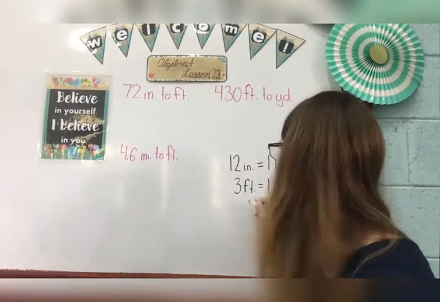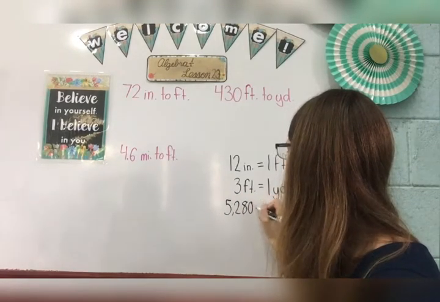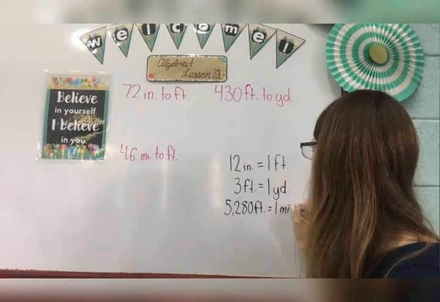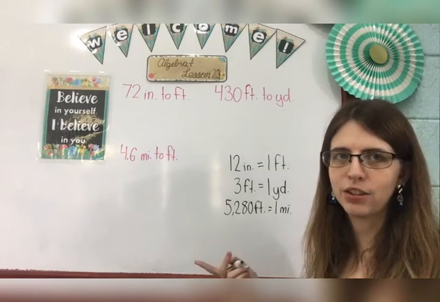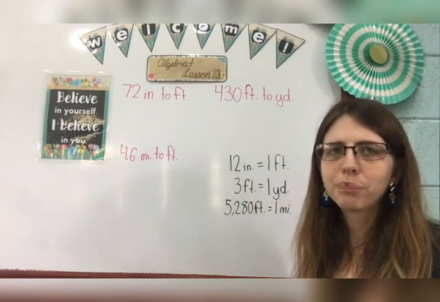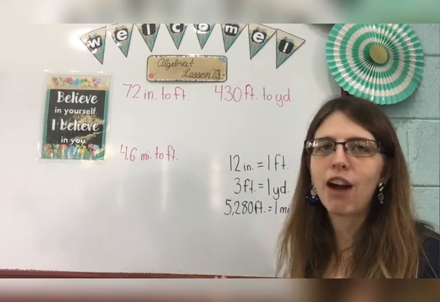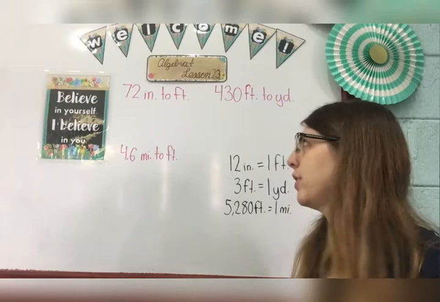And we have 5,280 feet in 1 mile. Now this is something that you should probably already have memorized. In case you don't, there they are. When we use these for conversions, we write them as a fraction and we call them a unit multiplier. This is how you do it.